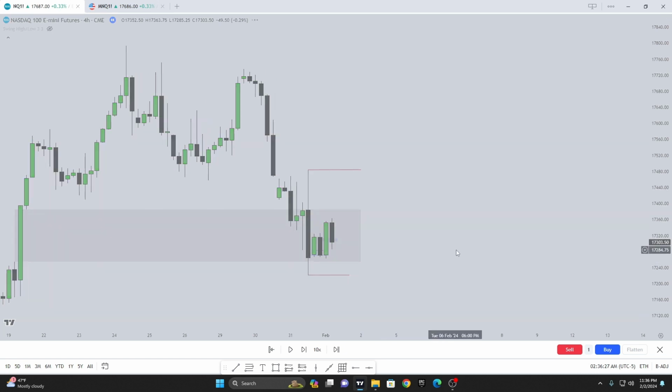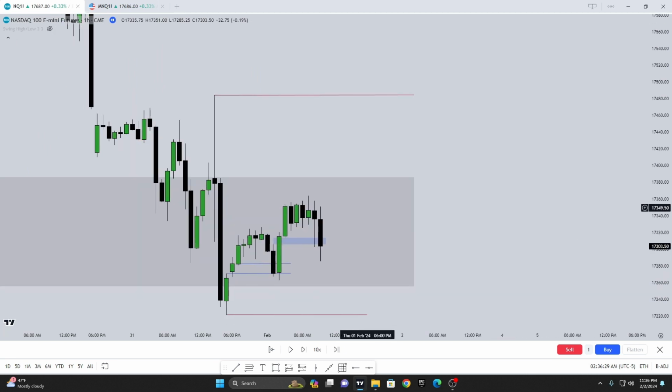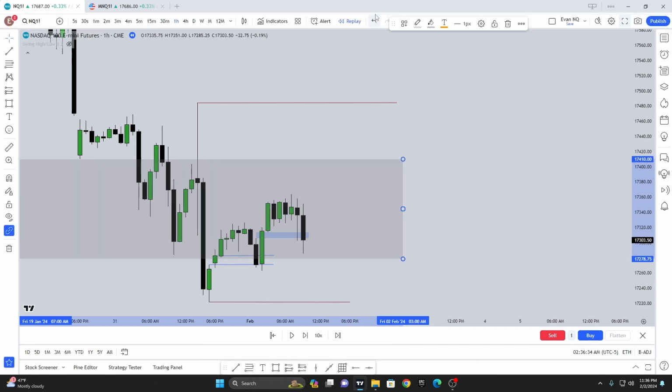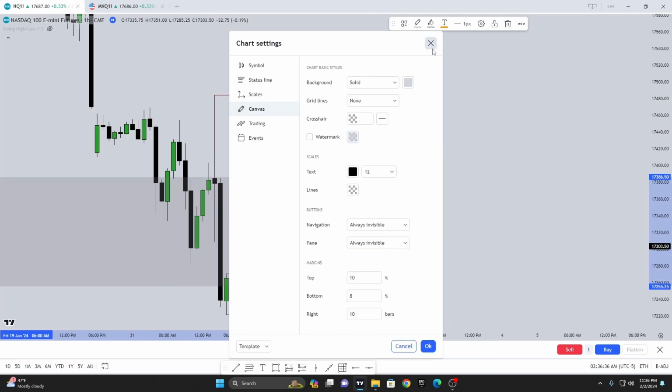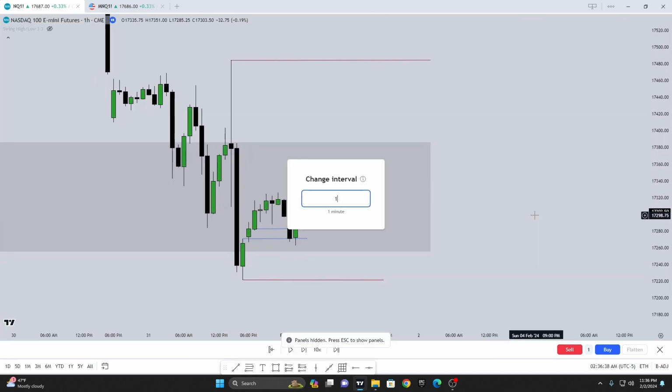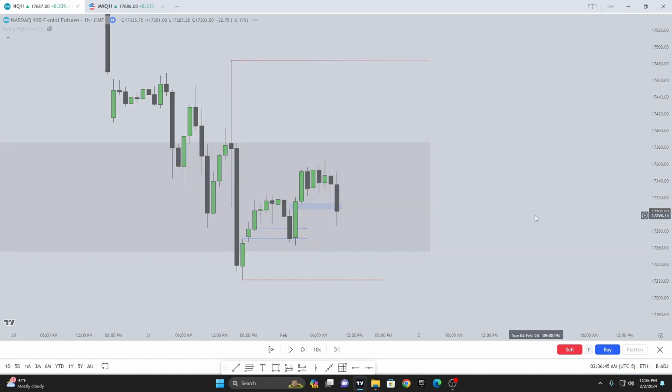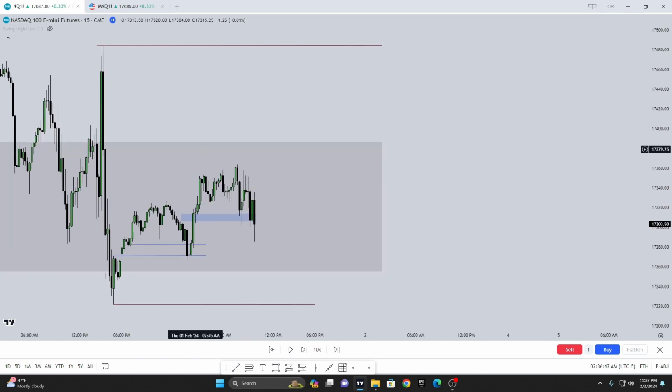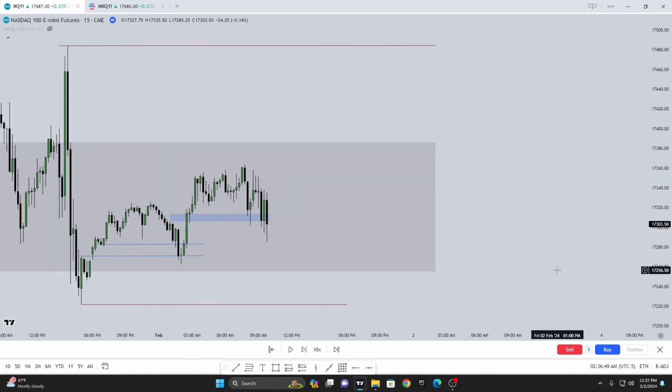Okay, go down to the 1-hour. Make sure we don't miss anything. Oh, oops, sorry about that. Okay, and then if you want to look for other swing lows or swing highs, if you can't find one in the 1-hour, you can always go to the 15-minute to look for some.